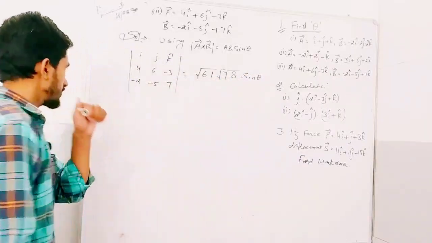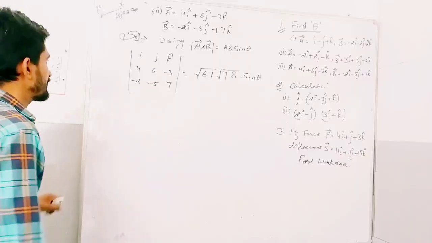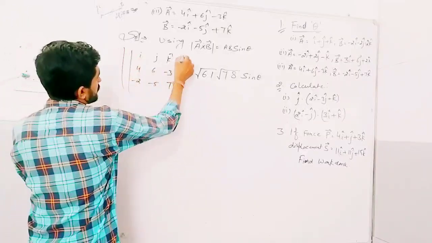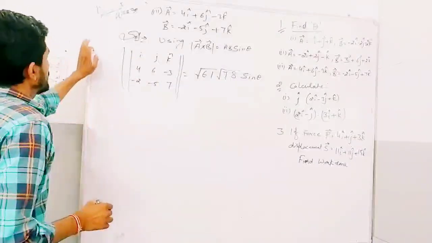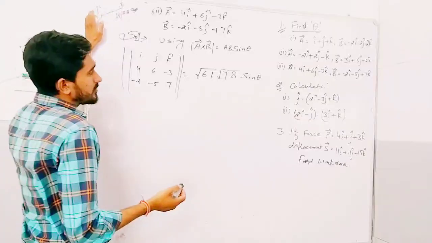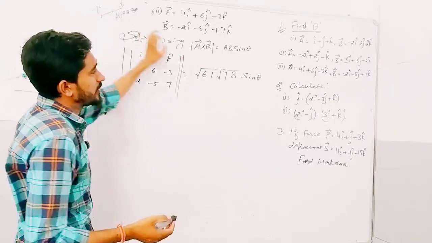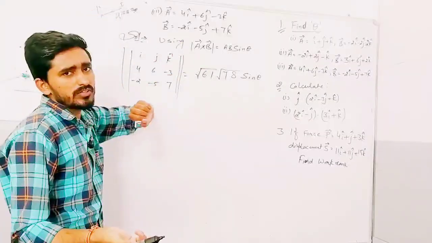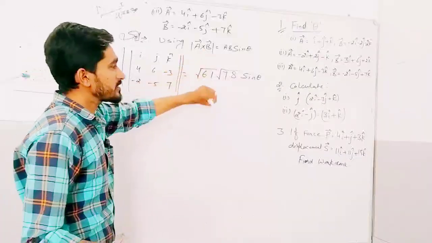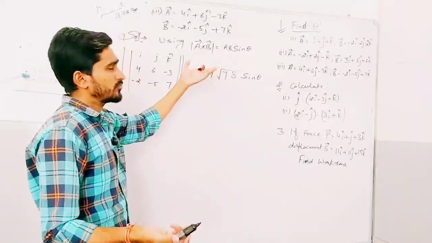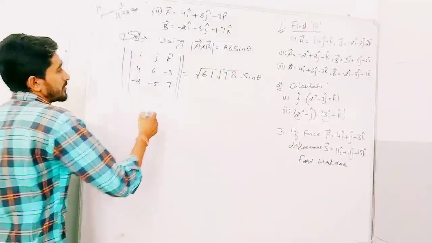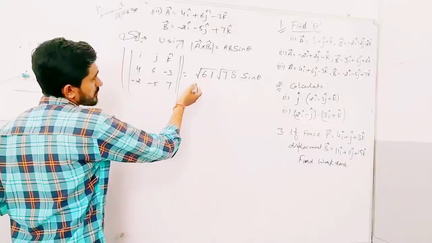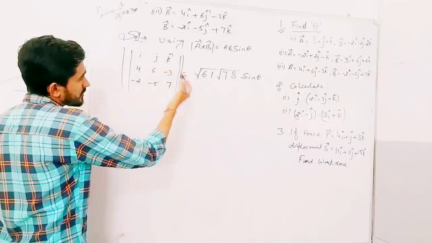I think 61 is a prime number. We don't have to do that much calculation. If you get a prime number, take it as it is. If you can solve it, you can do it better, but if you don't have this value under root 61, then go with it as it is.